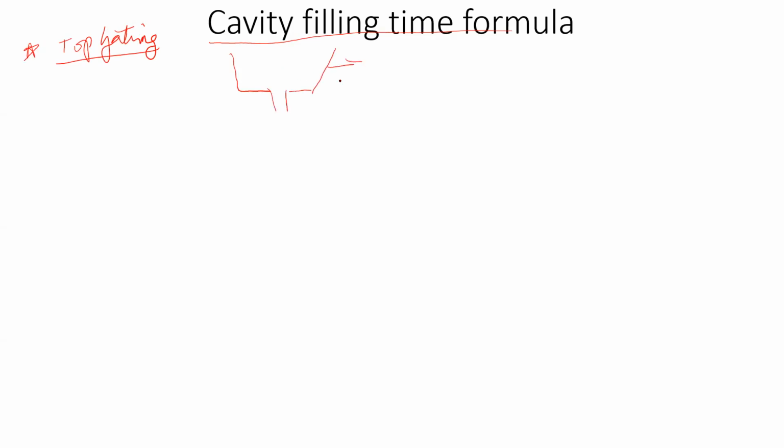This is the pouring basin, right? Here the molten metal will be. This is the sprue. And now it is a top gating, so definitely the sprue should be connected to the top of the mold. So this is the mold, right?